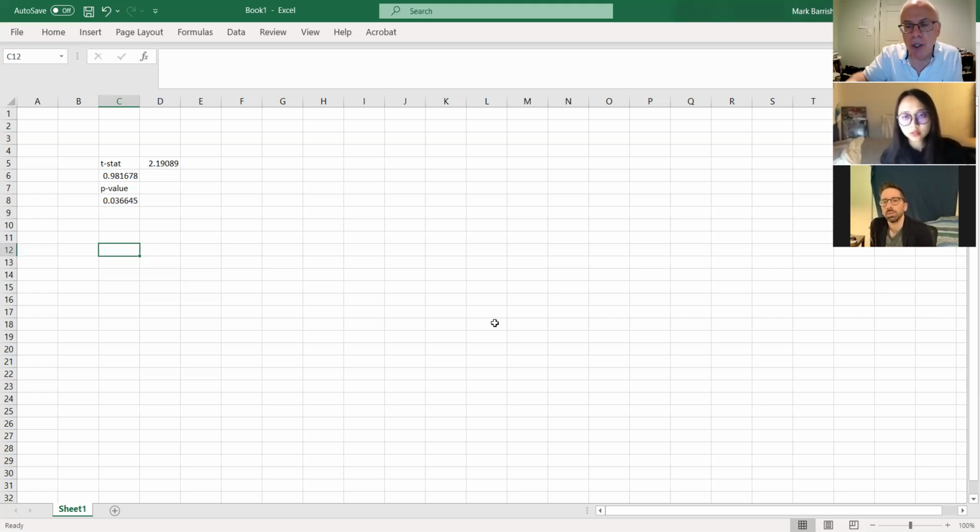Each one of those could have 3 possible tails: left tail, right tail, 2 tails. So there are 9 possible hypothesis tests you could get from chapter 10.